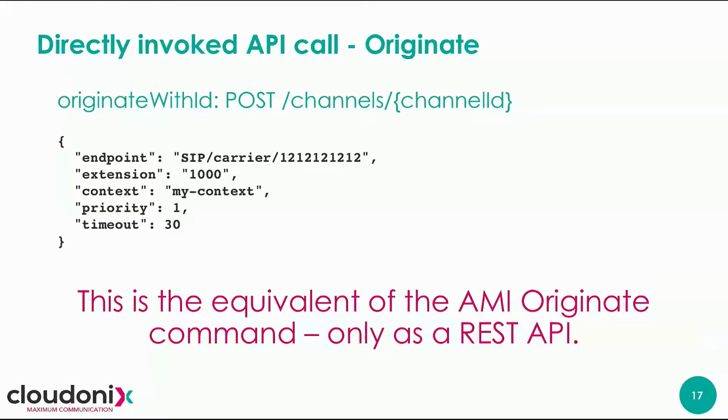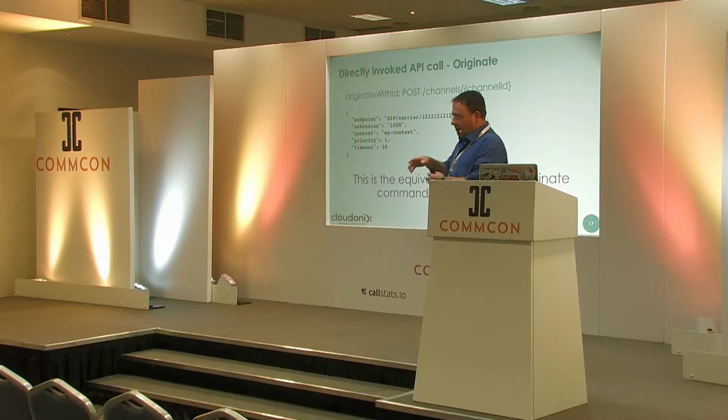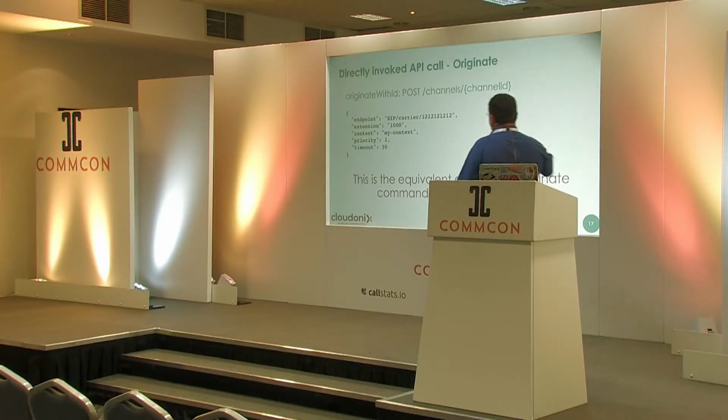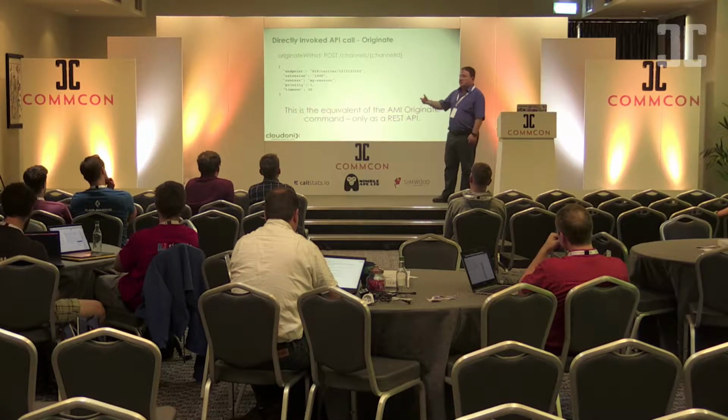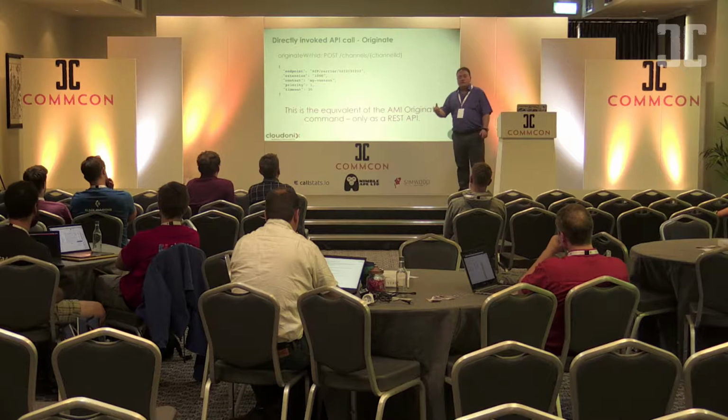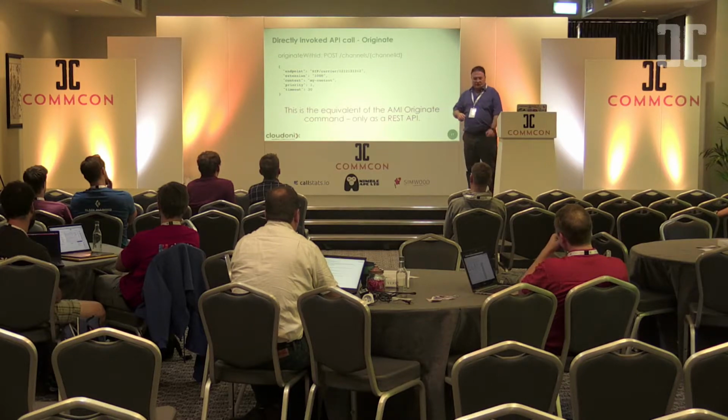This is the equivalent of the AMI originate command, or the dial plan or channel originate. But this request actually stands on its own. You don't need to have a stasis application, which I will explain in a few seconds what it is, in order to initiate. You can just drop it into Asterisk and work as if it was an AMI request.